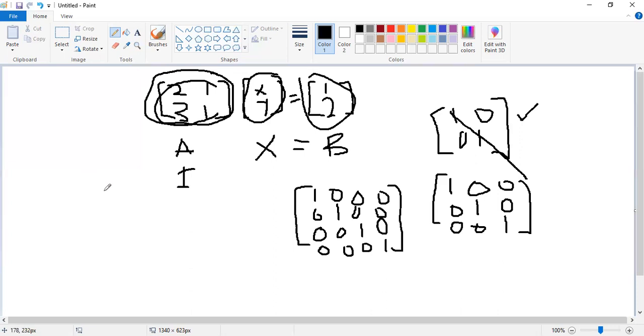So let's say we have 2x plus 3y is equal to 1. We know that we are asked to find x and y, and we are given 1 as a constraint. So let's say that 1 is our money, right?